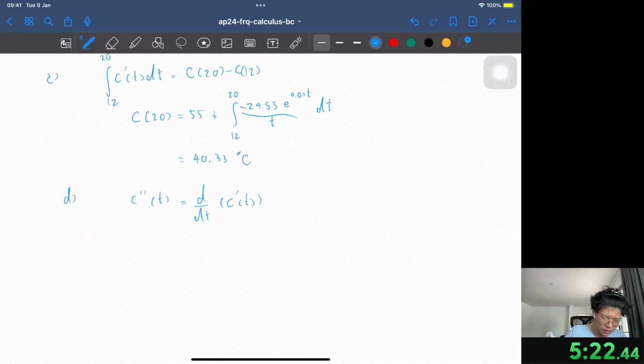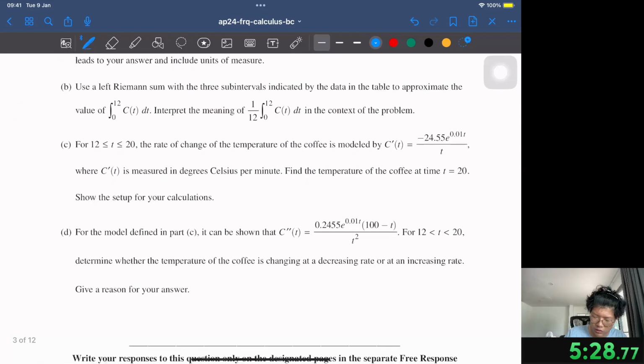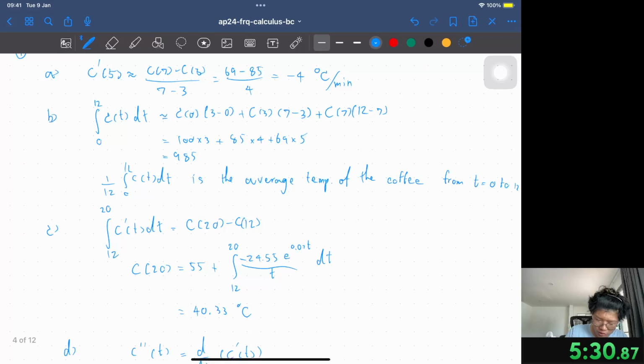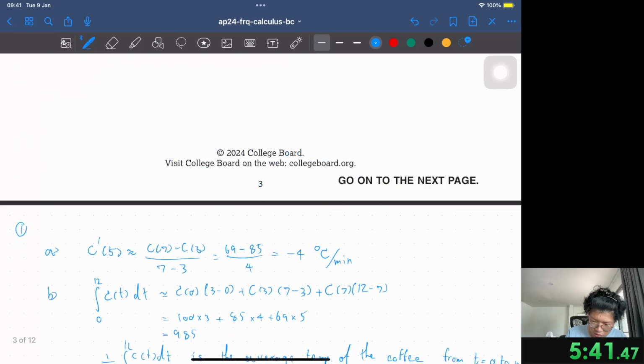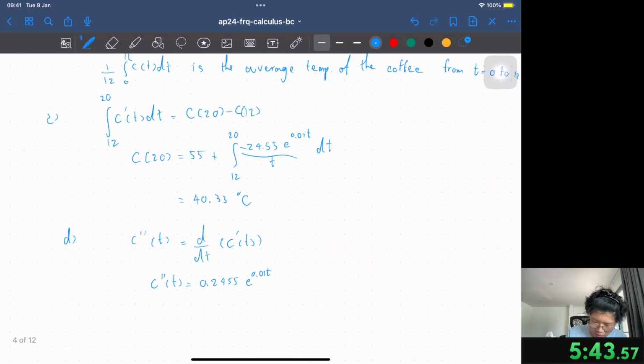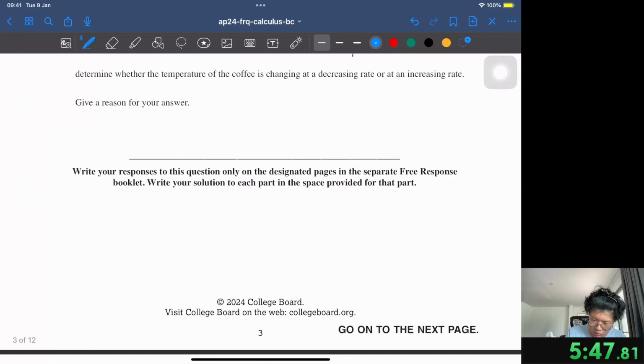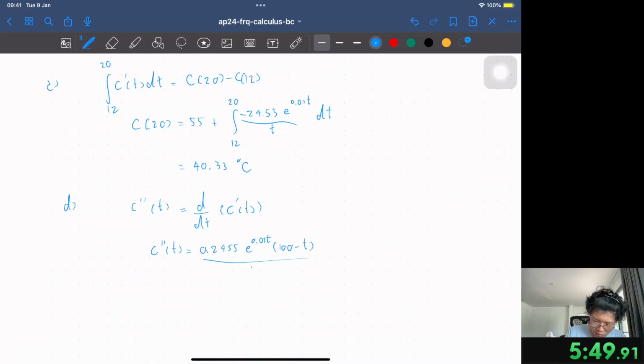So this one is just 0.2455 e to the 0.01 t times 100 minus t over t squared.